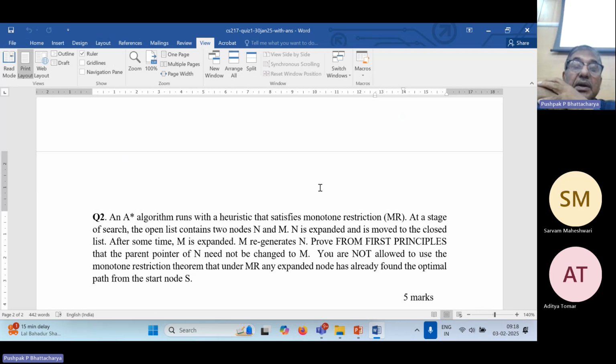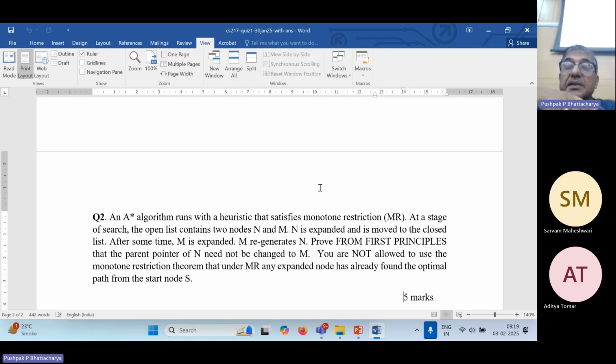At a stage of search, the open list contains two nodes N and M. This is a very special case. Both N and M are in the open list. It is not the case that M is appearing later in future. That would be a more difficult case.